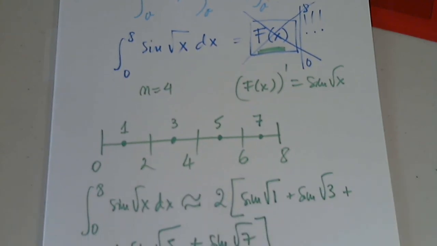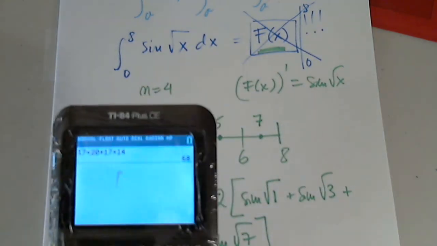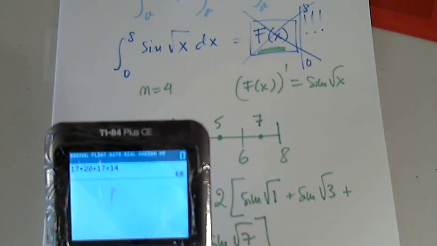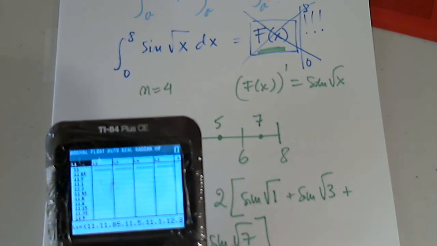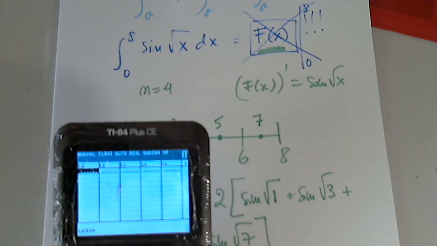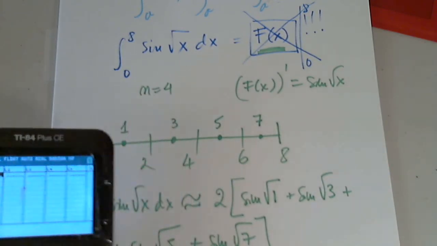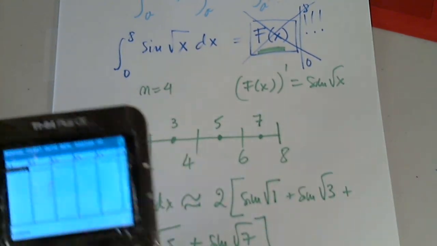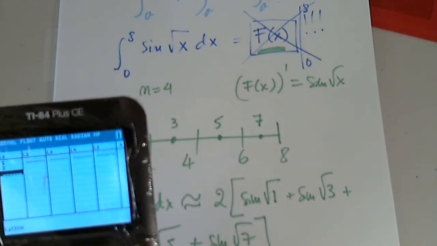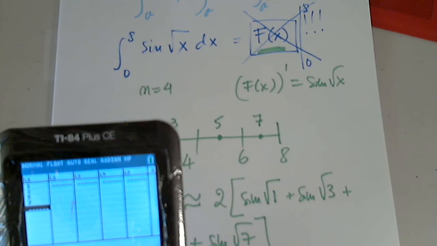We're going to get the calculator. So here is what I like to do. I go to stat and edit. Eliminate or clear whatever you have in there. And what I want to plug in is 1, 3, 5, and 7. That's all I need. 1, 3, 5, and 7.